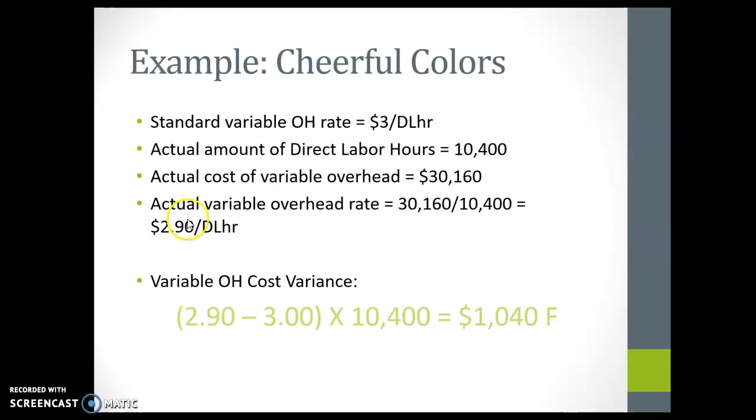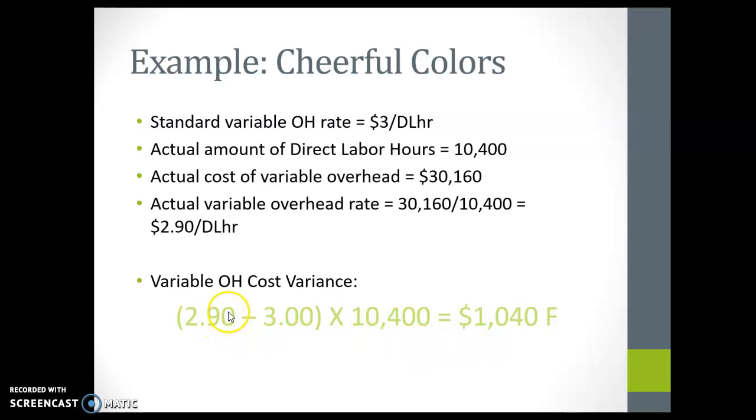Our standard cost for each direct labor hour of variable overhead is $3. So $2.90 minus $3, and then we multiply that 10-cent difference times how many direct labor hours we actually had, our actual quantity, which was 10,400 direct labor hours.